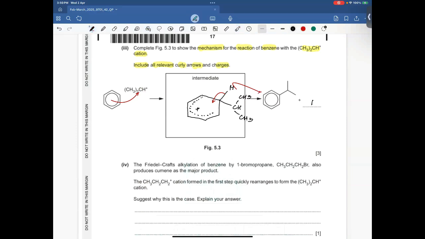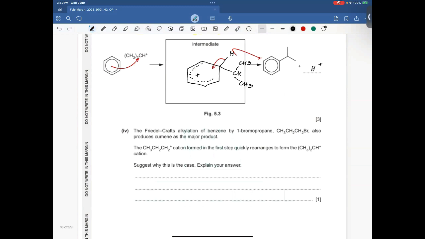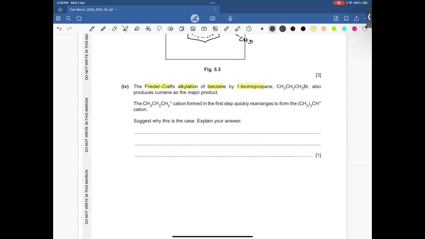Okay. The Friedel-Crafts alkylation of benzene by 1-bromopropane also produces cumene as the major product. This carbocation formed in the first step. One thing.